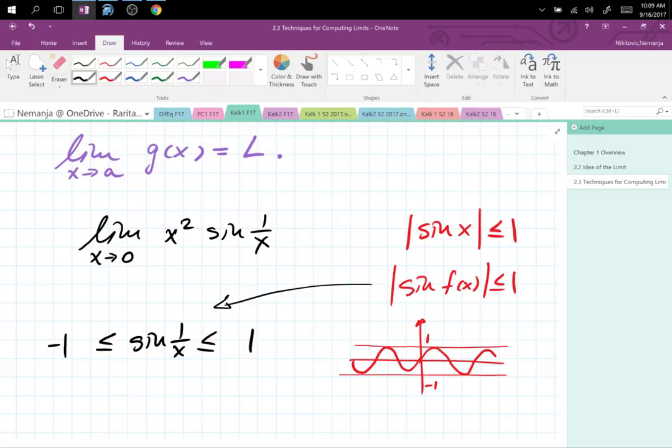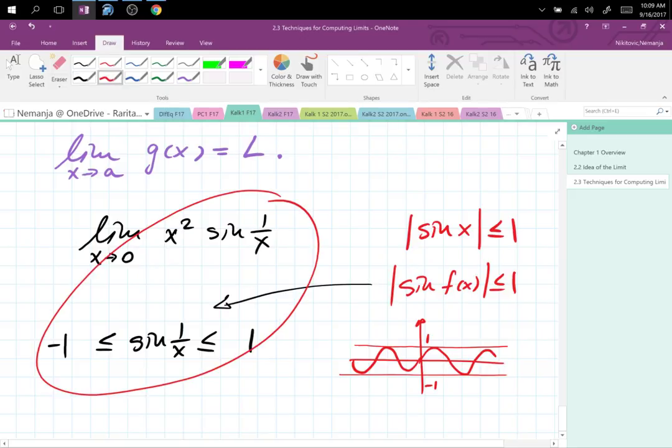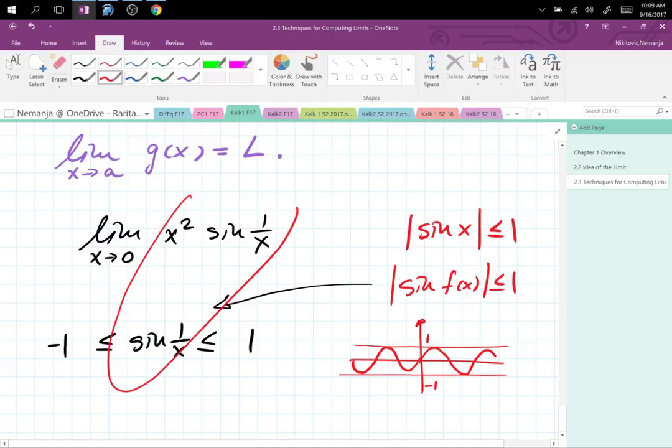And then I compare the function that I have and the function that I need. We observe that I have sine 1 over x, but I need x squared times sine 1 over x. So the logical conclusion would be to multiply through by x squared.